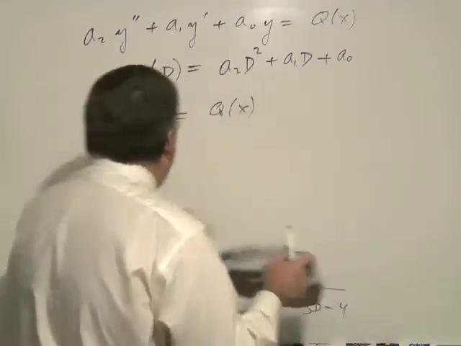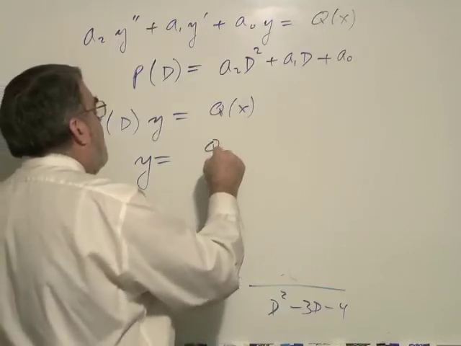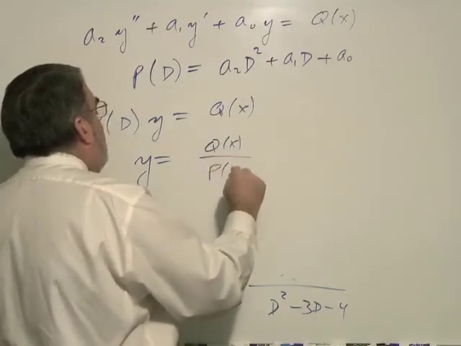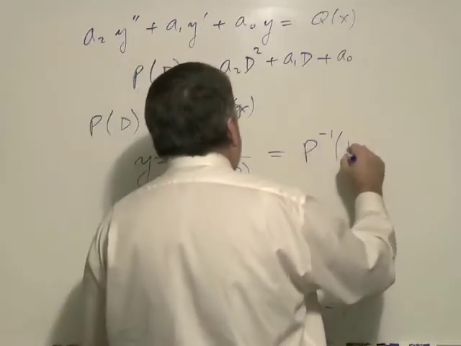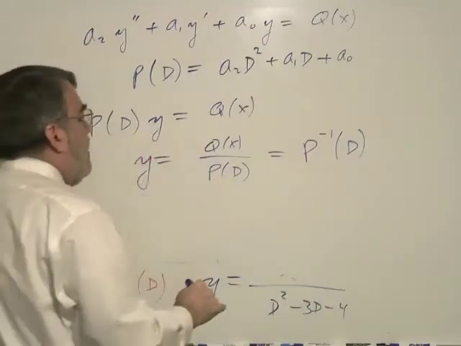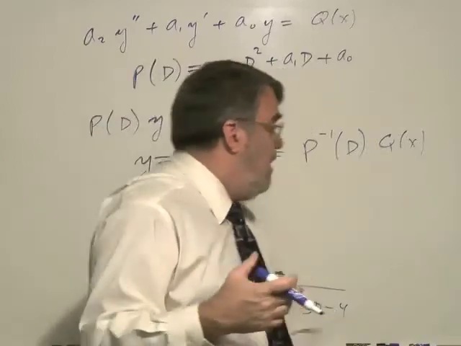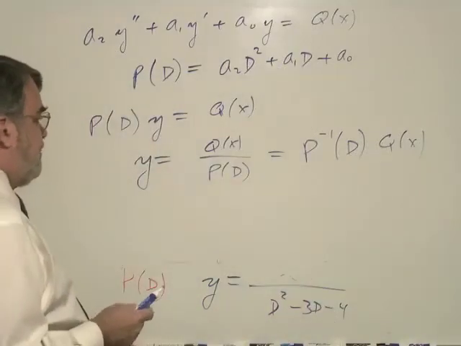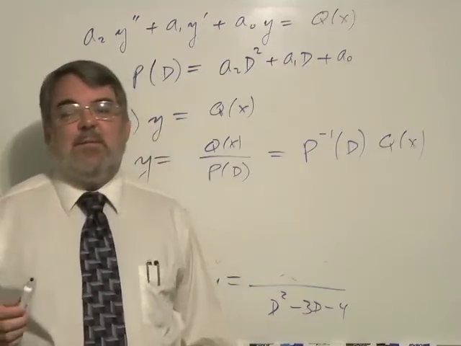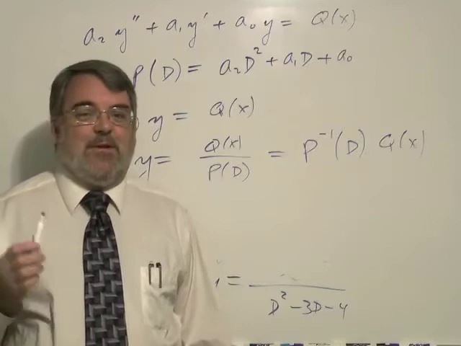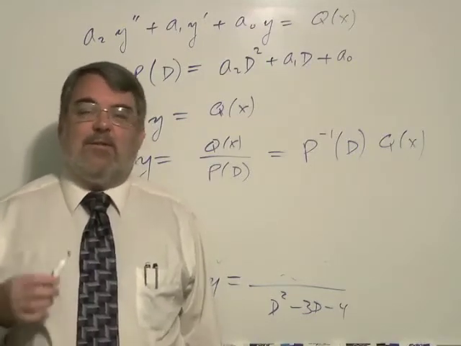We have to figure out how to interpret q of x over P of D. In a sense, it's the inverse of this polynomial operator acting on q of x that we want to think about. All right, so I'm going to erase the board and show you one other thing called the exponential shift theorem that's going to come in handy for us. And then after that we'll start looking at these inverse operators.